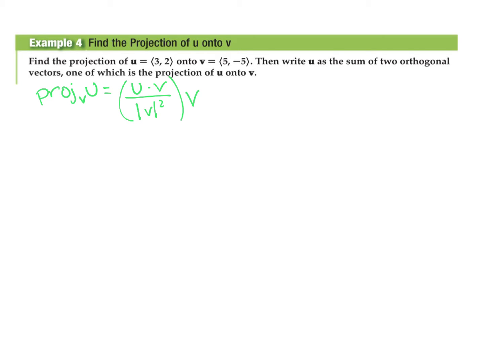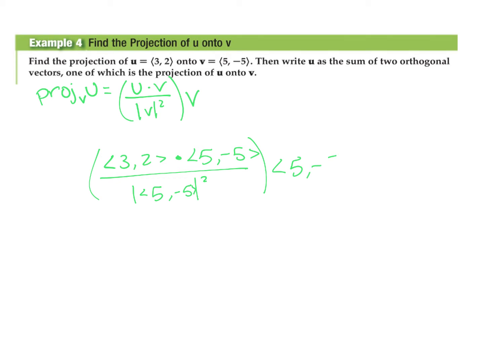So u and v, so (3, 2) dot (5, -5), over the magnitude of v squared. That means when you're doing the Pythagorean theorem, you're not taking the square root at the end. So that's going to help you out. So that would be the magnitude of (5, -5) squared, all times our vector (5, -5).